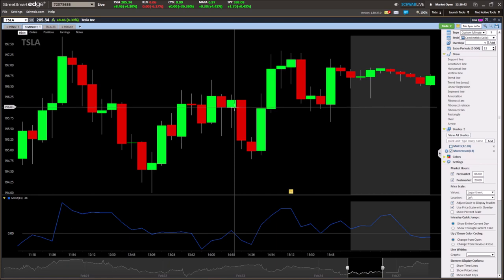If you bought right when the cross happens, it dips and then it rips. But most people buy right when the crossover happens. So you would have bought at 196 and it closed at 196.18, so you could have made 18 cents per share.